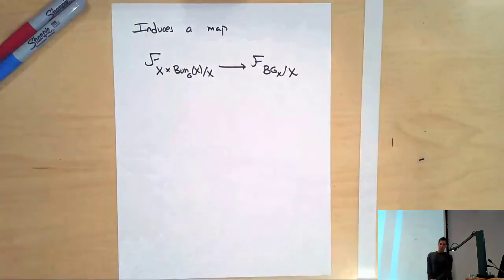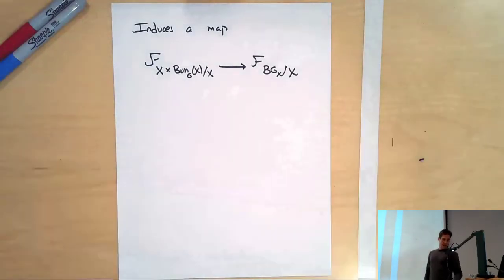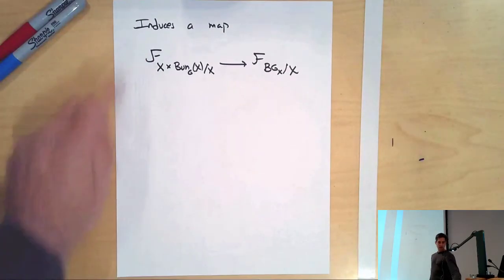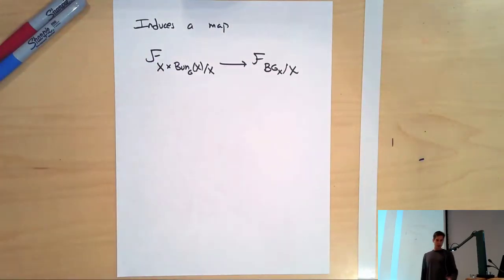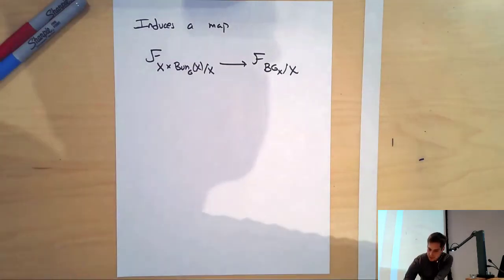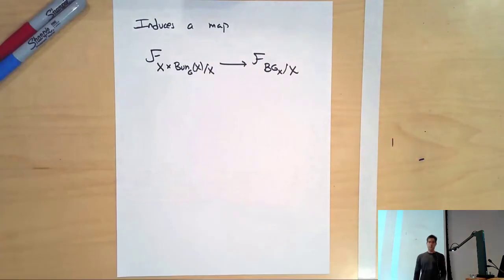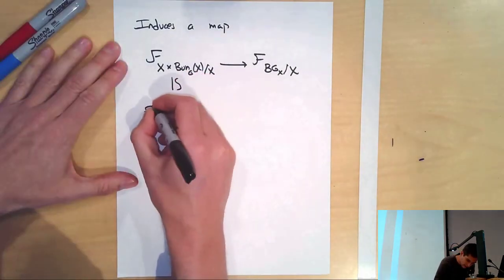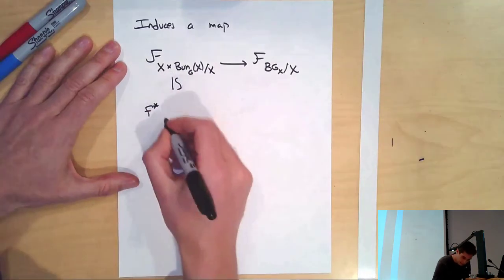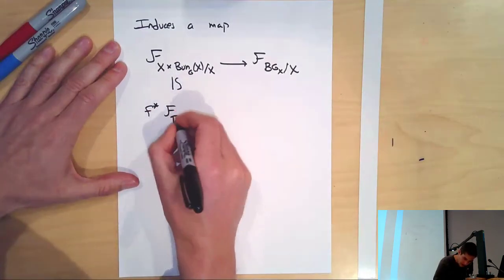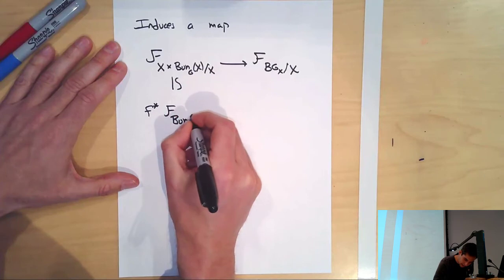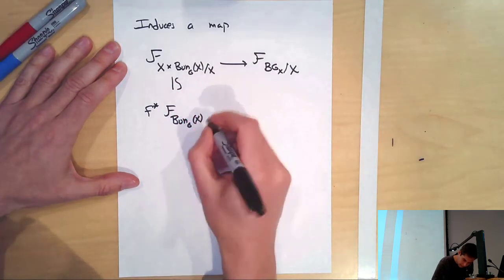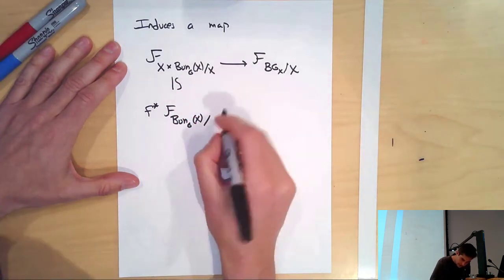Let f be the projection map from X to a point. This is the pullback of F of Bun_G,X relative to F_q.